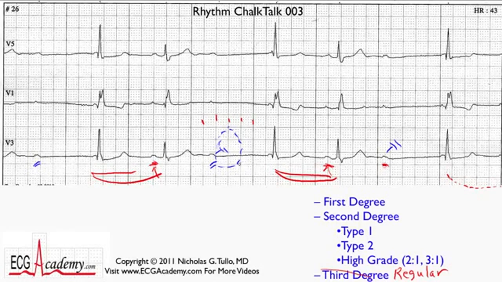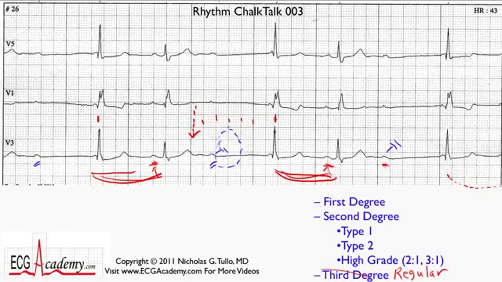Well, let's try to figure it out. Now here's an interesting way of telling which P's conduct and which don't, because it's maybe a little deceptive sometimes. If you look at two of these beats, the beginnings of these groups, and let's just say that this was an escape rhythm, let's find the midpoint between these two beats, and that would be somewhere around here.